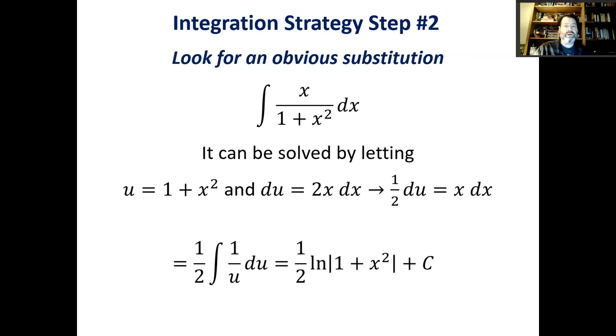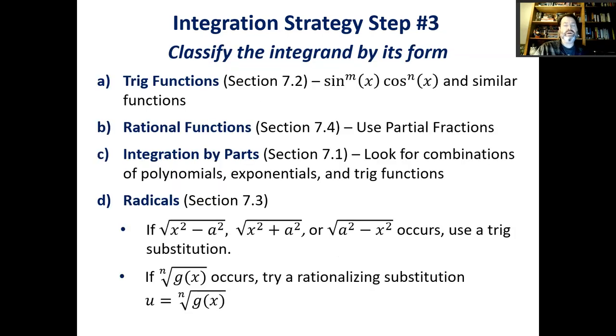If these don't work, steps 1 and 2 don't work, then you're forced to start making some choices. And the choices are based on the form. So if you see trig functions multiplied together, you want to follow the techniques from section 7.2. And you want to use identities and manipulations and things like that. If you see rational functions, that's polynomial divided by polynomial, use partial fractions from 7.4.